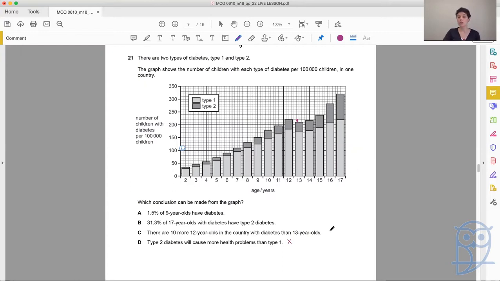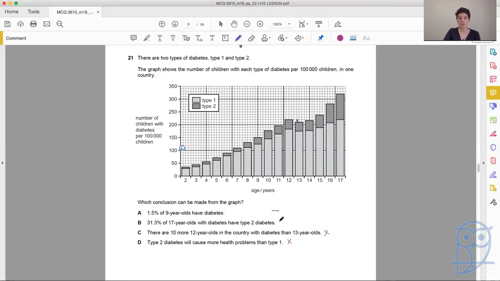So actually, we don't know this. We only know a relative amount. We don't know the total number of kids. So, if there's only 100,000 kids in the country, then there is a difference of 10. But there's probably a lot more, or a lot less. We don't know. So we don't have the information in order to answer that question.